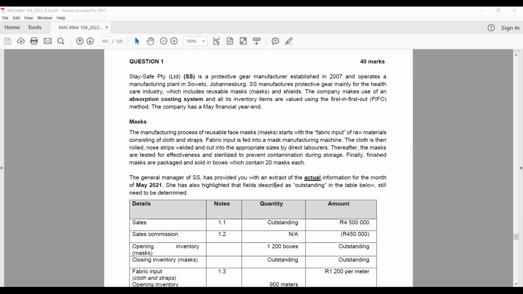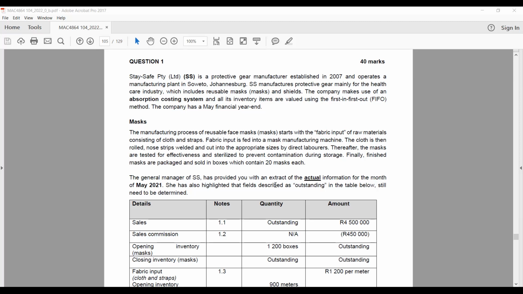But the most important thing in this paragraph is that they use an absorption costing system. When a company uses an absorption costing system, what must go through your mind? You must tell yourself that the cost of a product includes three things: direct material, direct labor, and manufacturing overheads.